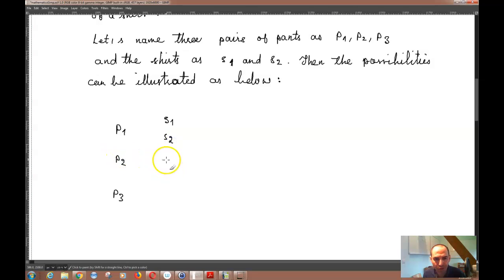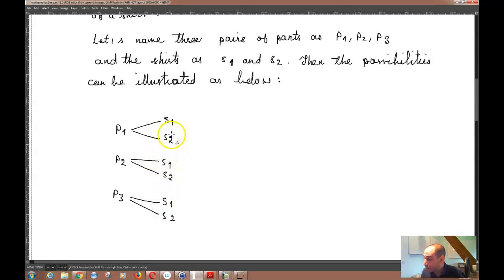Again, pants 2 can be worn with S1 and S2. Again, pants 3 can be worn with S1 and S2. So that means that I have these 2 choices here, these 2 choices here, and these 2 choices here.